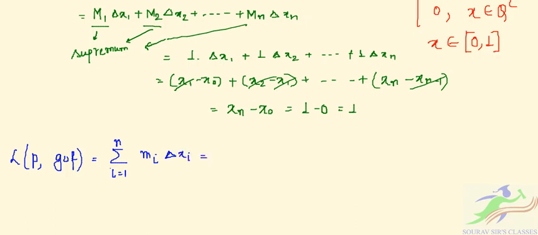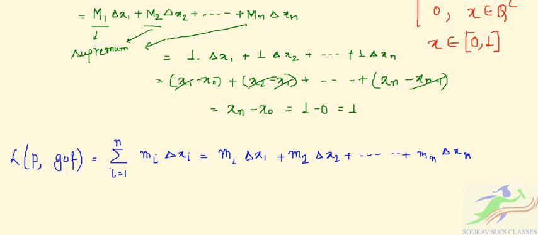So we can write it as m1 Δx1 plus m2 Δx2, up to mn Δxn.